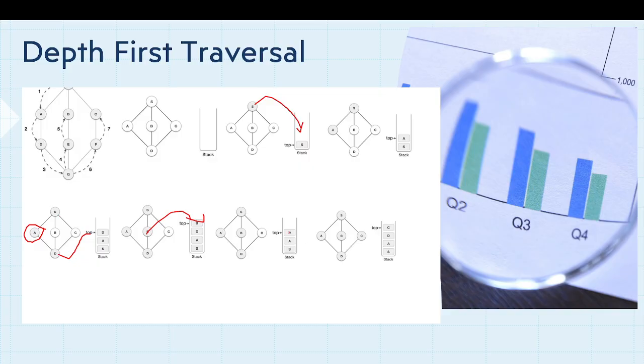So next we pop out D and we will put all the nodes that are connected to D on the stack. So finally we have C, D, A and S. So this is the process of depth first search traversal in case of graphs.